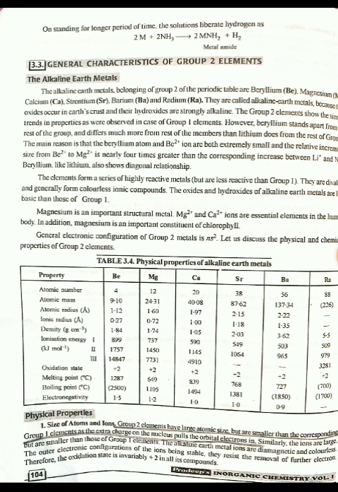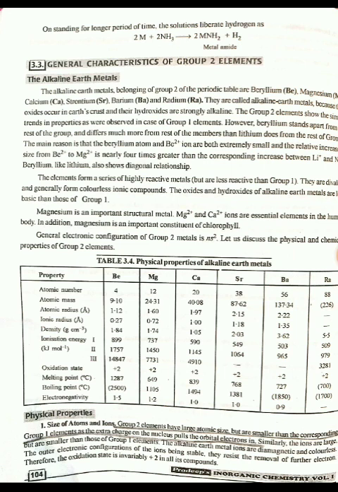Melting point in degrees Celsius, beryllium 1287, magnesium 649, calcium 839, strontium 768, barium 727, radium 700.